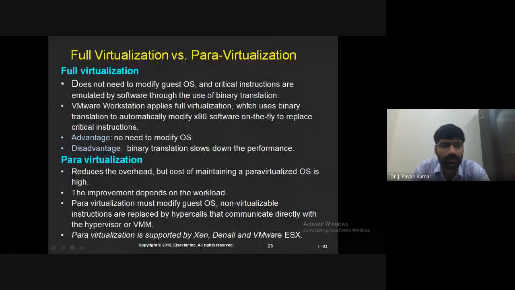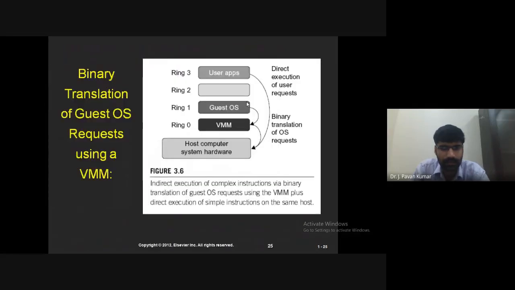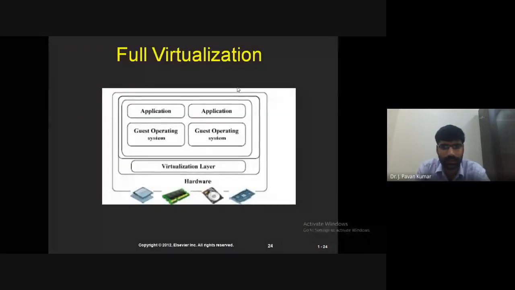Next, full virtualization and para-virtualization. For full virtualization, the basic point I'll show you here. This is virtualization in general: we have hardware, on top of it a virtualization layer, and then guest operating systems and applications.